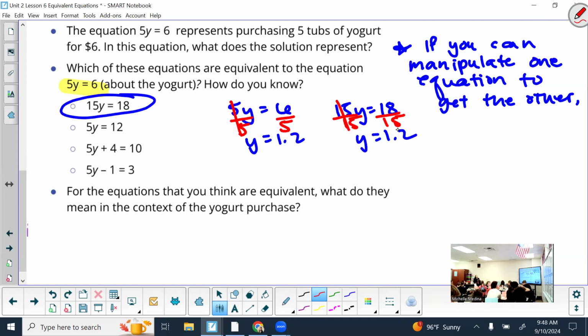Me, because I've done this for a while, my mind kind of went a different route versus just solving it. I looked at what could I have done to the first equation to get the second? Because if you can manipulate one equation to get the other, then they are equivalent.